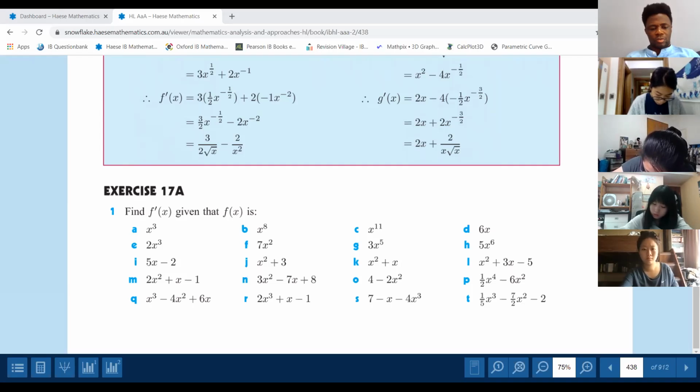That's from page 438. Question 1A, B, F, S, and T. That's exercise 17A.